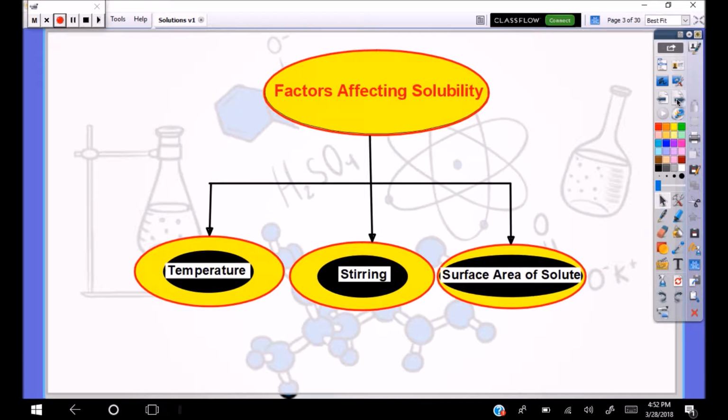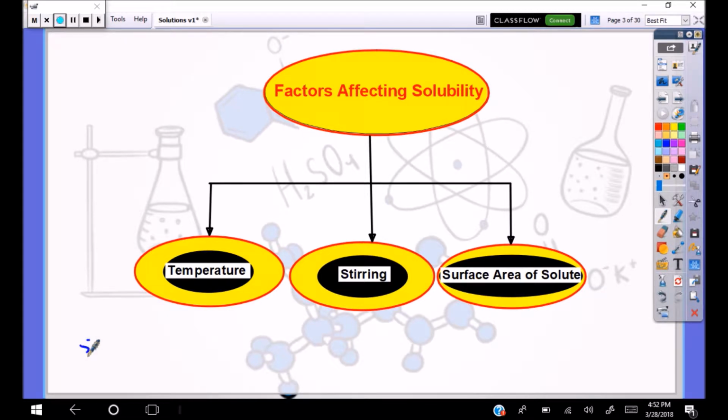They have to collide with enough energy and with the right orientation in order to overcome the solvent-solvent interactions and the solute-solute interactions, so that we can then get solute and solvent interactions. So stirring also helps that and increases the likelihood of collision, and also expanding the surface area of the solute. There's more surface area, it's more likely to react.